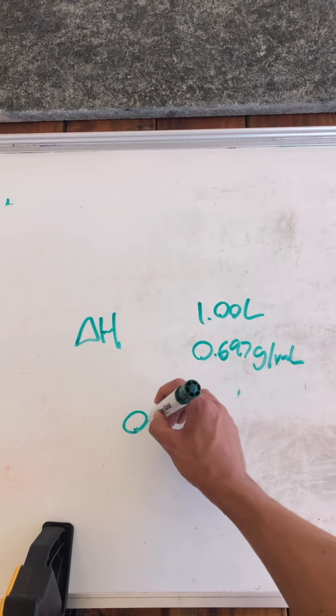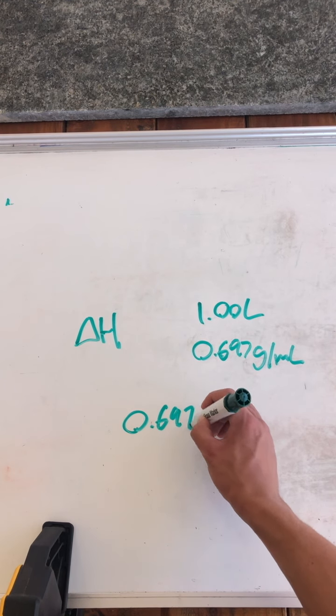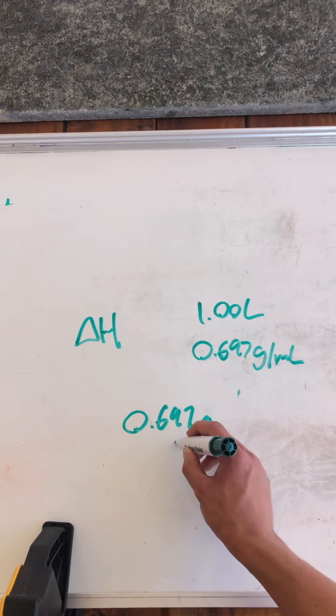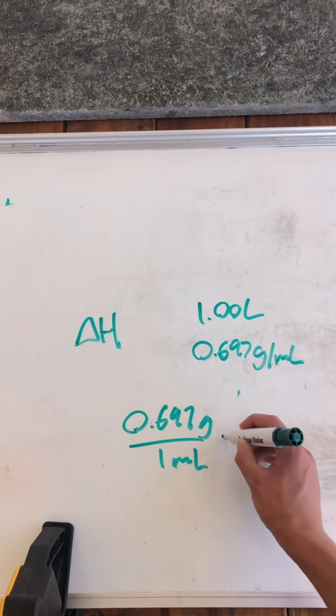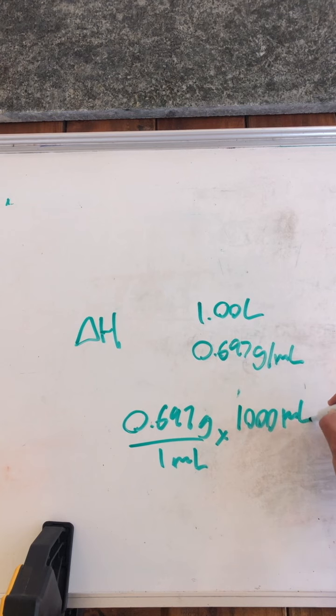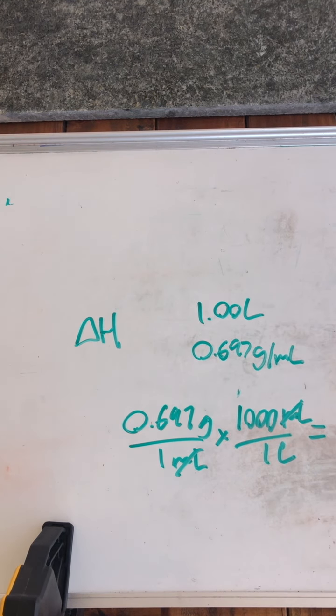So we have 0.697 grams per 1 milliliter, and then we have 1,000 milliliters in 1 liter. Milliliters cancel. And we are left with 697 grams. All right, 697 grams per liter.